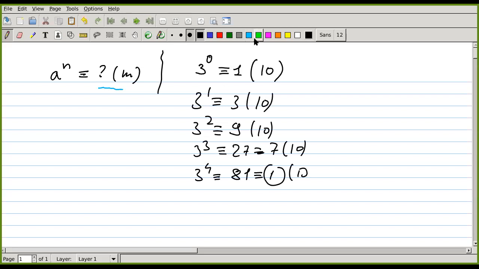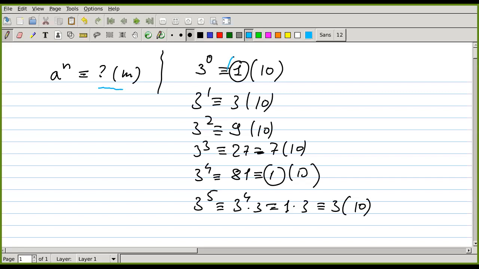So I have obtained 1 twice. After that, I will have a cycle, because, say, 3 to the power 5 is 3 to the power 4 multiplied by 3. That is just 1 multiplied by 3 modulo 10. So I will have a cycle of this form: 1 3 9 7 1 3 9 7, and so on.